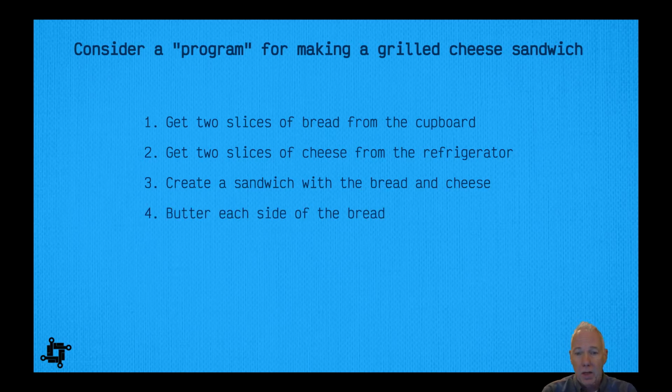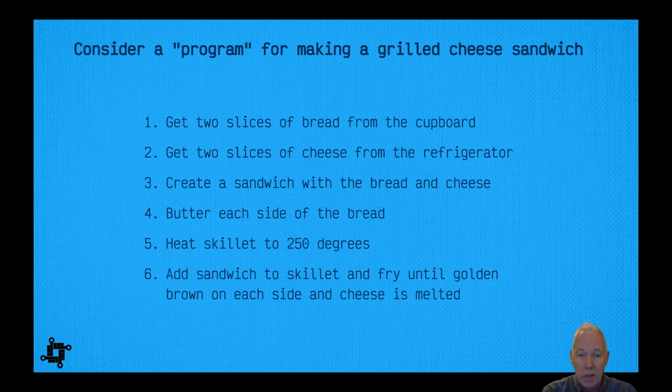I then could say, let's butter each side of the bread. Let's heat the skillet to 250 degrees. Let's add the sandwich to the skillet and fry until golden brown on each side until the cheese is melted. So that would be a program that a robot could follow to actually make a grilled cheese sandwich.